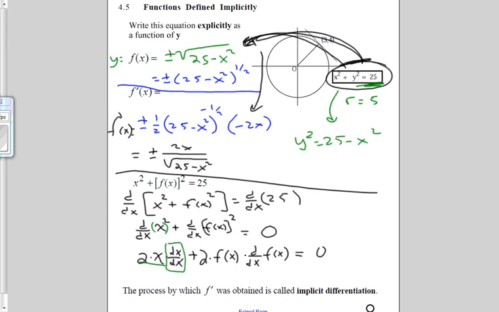But when we did the chain rule of the other function, the derivative of something squared is 2 times that something times the derivative of the inside, and the derivative of that inside is the derivative of f of x. And that's what we're looking for. So now what we need to do is solve for that.